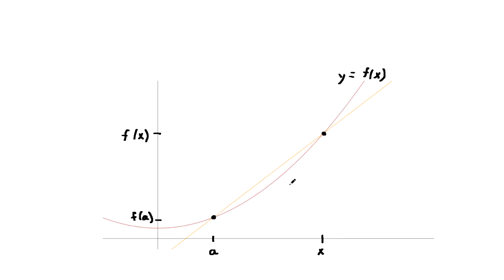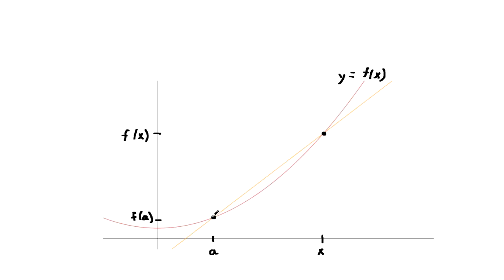Now first pick a point x close to a. So this is our x, and at x we have the y value f of x, and at a we have the y value f of a. Then find the slope of the secant line that connects this point with that point.